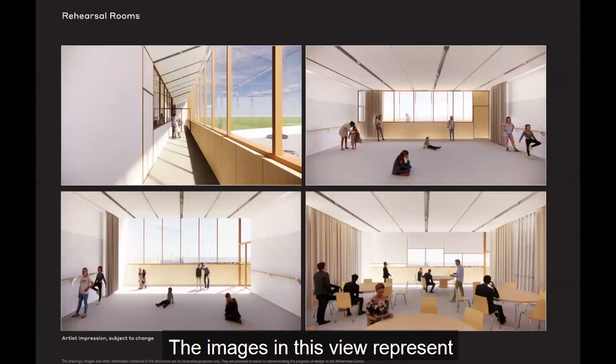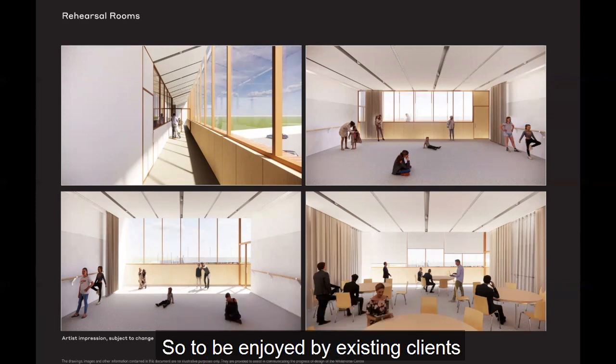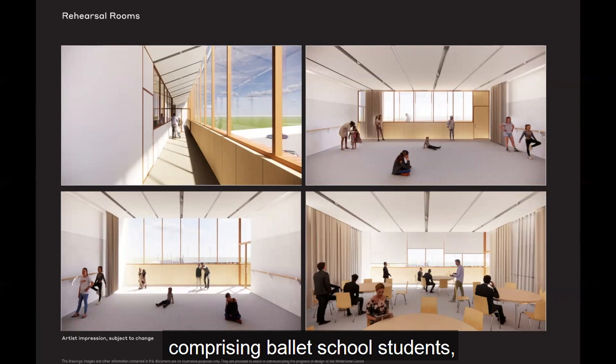The images in this view represent the main rehearsal room spaces, which are demarcated on the plan in the orange areas. So to be enjoyed by existing clients of the Whitehorse Centre facility, comprising ballet school students and ballet dance.